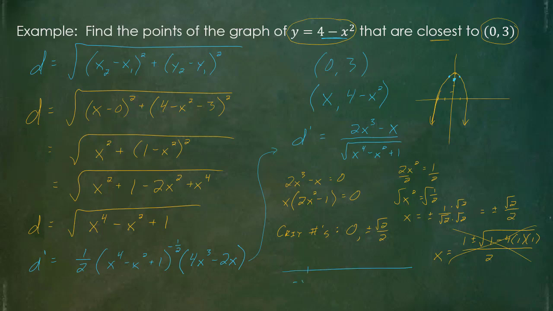So anyway, now I can go ahead and test these intervals by just putting my critical numbers on this line. So the square root of 2 over 2 is about 1.4, if I remember right. Let's double check it. Actually, no, that's the 0.7. So square root of 2 divided by 2 is, in fact, the value of 0.707.